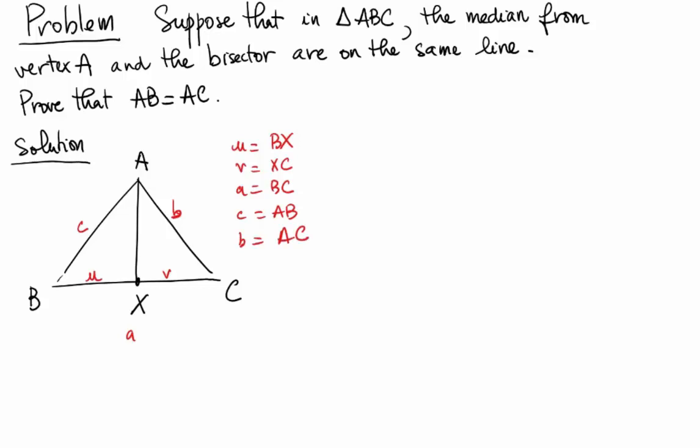Now, by assumption, we know that little u is equal to little v. Why? Well, because AX is a median. All right. So u over v is going to be equal to c over b from the previous result that we've shown, right?